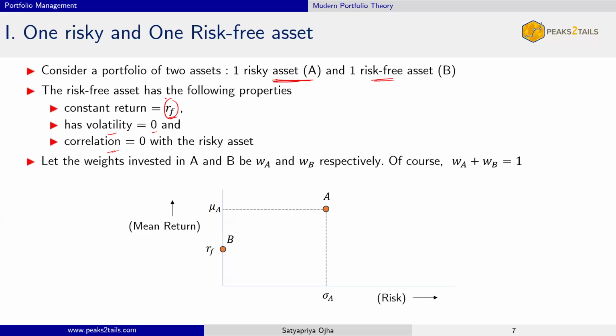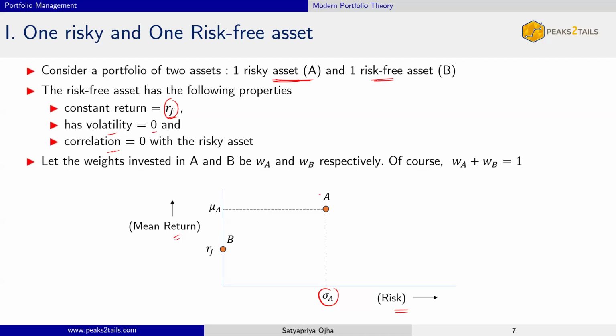it makes things very easy to understand if we put everything in a diagram. Typically, we plot the risk-return characteristics in the form of an XY plane, where in the x-axis we have the risk. I'm taking standard deviation as the risk measure. You can take variance also, but this is the convention. And then mean return in the y-axis.